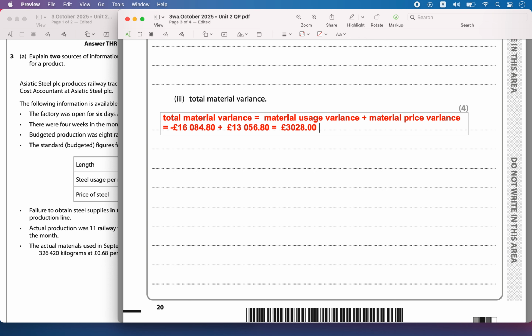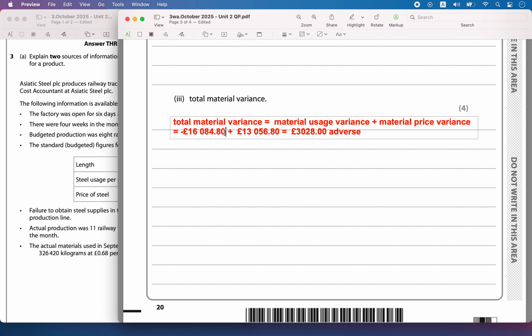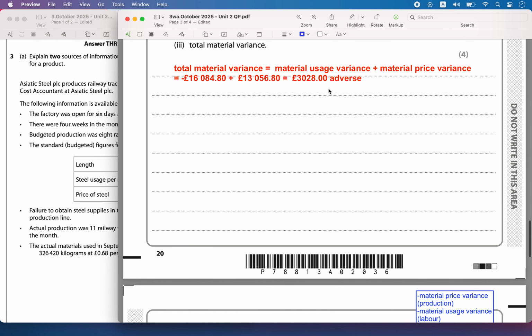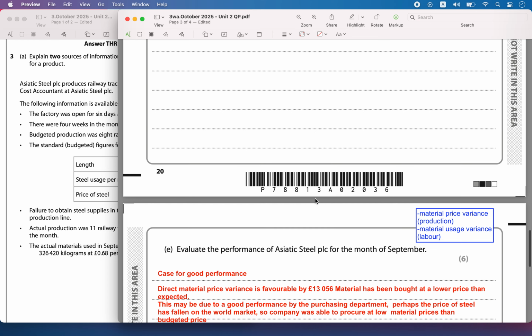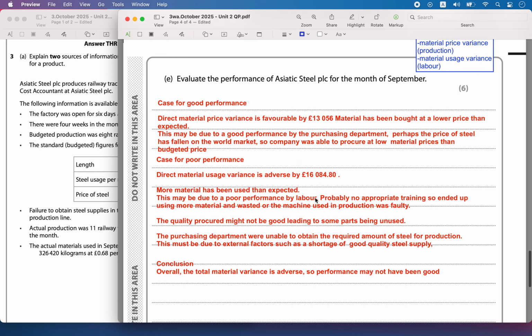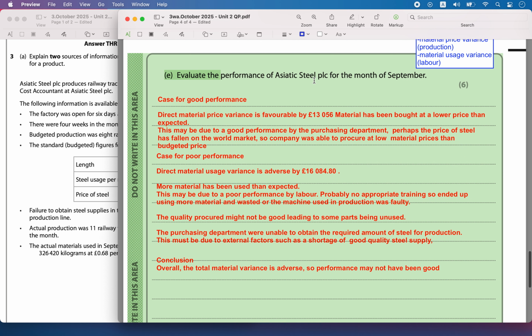And because it's with a negative sign, I will write it as adverse. Instead of the negative sign, I can just write it as adverse variance, because the negative sign of usage is greater than the price variance. So it is an adverse variance, not favorable to the company.